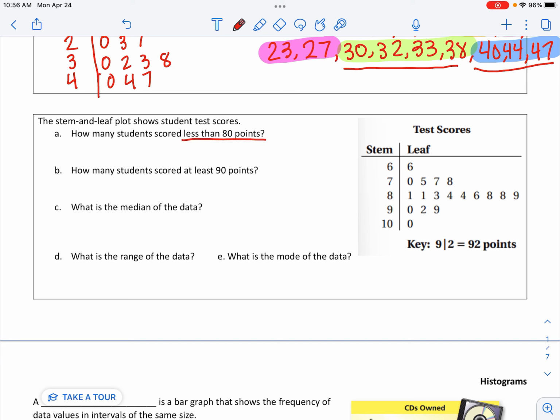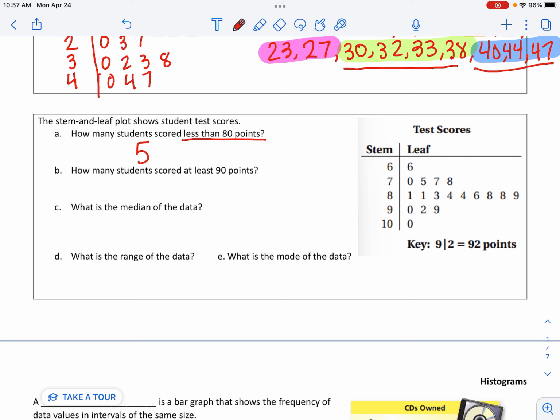So that would be this person and all of these. This person scored a 66. This person scored a 70. They scored 75, 77, 78. Okay. So if I count these up, it would be 5. 5 students scored less than 80 points.